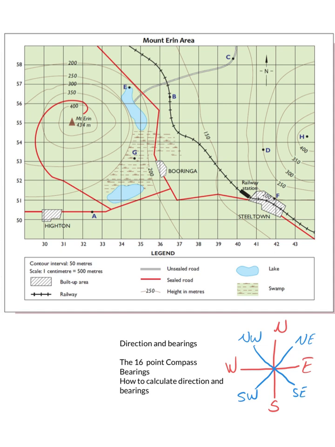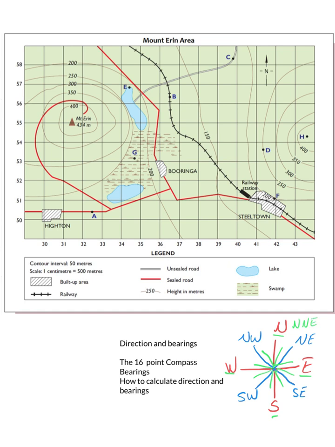The final points that we pop in for a 16-point compass, to make it just that little bit more accurate, are the midpoints here. Now, north, east, south, and west trump northeast, southeast, southwest, and northwest. So we just look at what is the closest to it. North and northeast: north is the most important, and then we look at northeast.